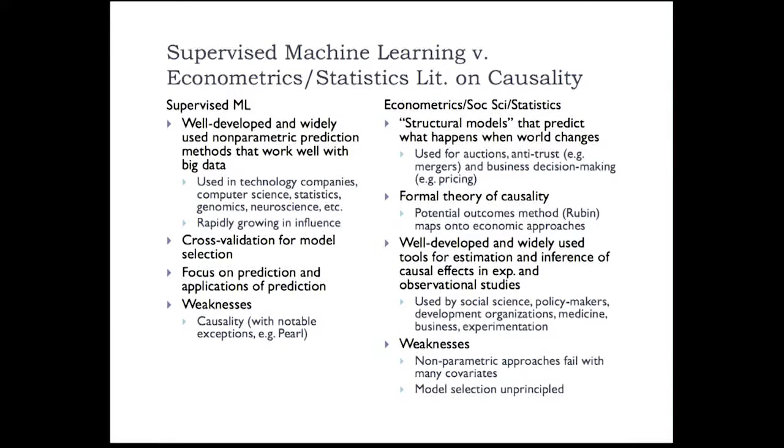And so I'm going to make some generalizations here as I overview, but you can take them as stereotypes as you will. But what I found was present in the supervised machine learning literature that was really absent from microeconometrics and a lot of the social science work were the non-parametric prediction methods that worked well with big data.